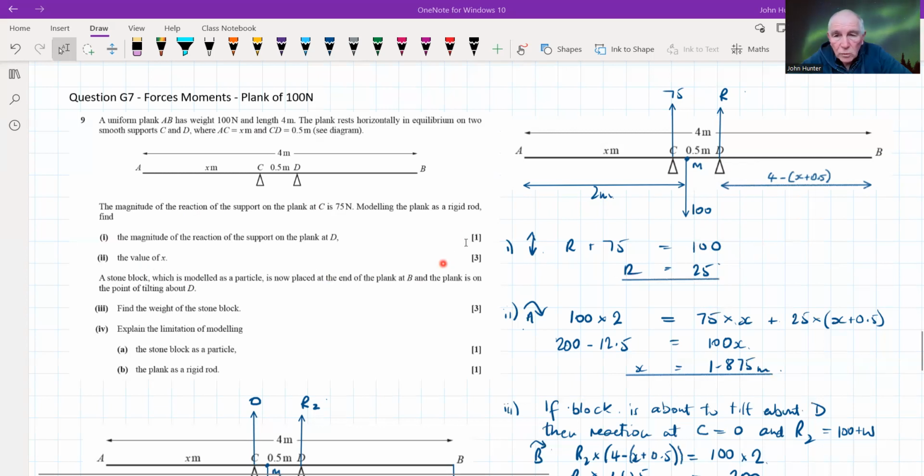And then the value of X, that's this length here. All right, so to do this, we take moments about a point. We can pretty well always take moments about any point. We choose whether it's along the beam or some extension of the beam, or even some point out in space, theoretically.